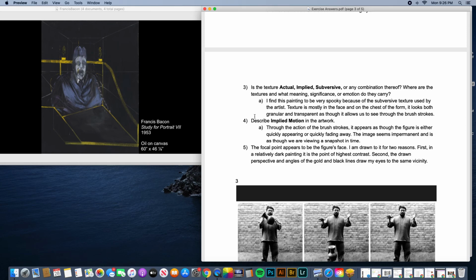My argument with my understanding of this painting is that we're looking at something like a ghost, and the ghost is doing something. It's somewhere between visible and not visible. I'm attributing that to motion, implied motion.